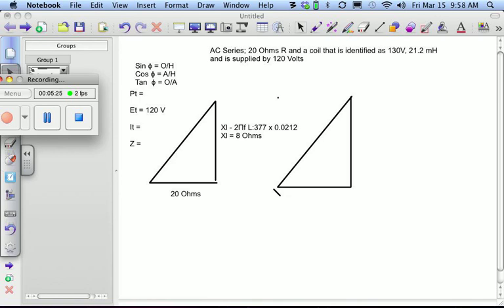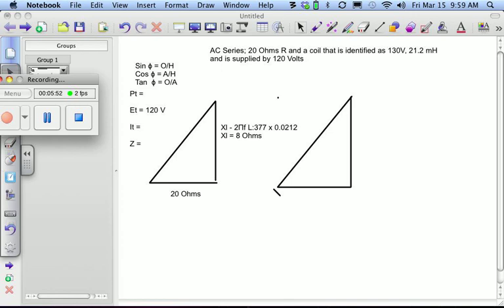Then our second question says, what is the power factor? Well, we know that the power factor is the cosine of that angle. There's our angle right there, 21.8. So let's just hit cosine, second function answer, enter, and the cosine is 0.928476691. If we multiply that times 100 to get a percentage, we get 92.84%.